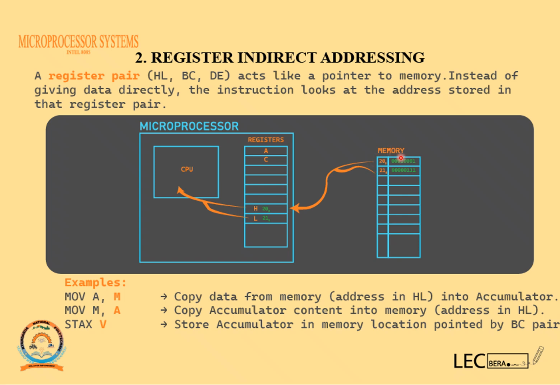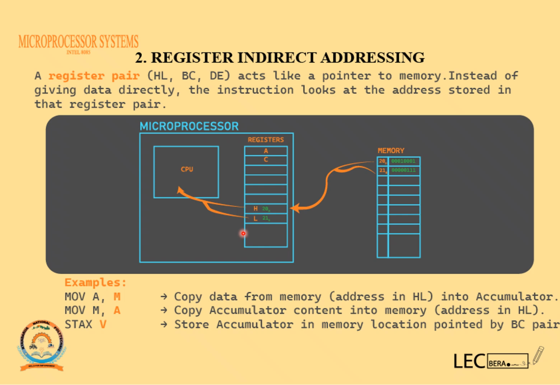The data is found inside these addresses. This is an address. But it is going to appear like data inside our register. So I'll take 20 to be held by register H, and then 21 to be held by register L.